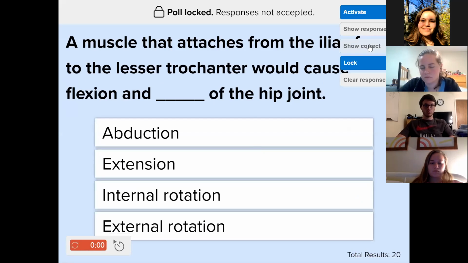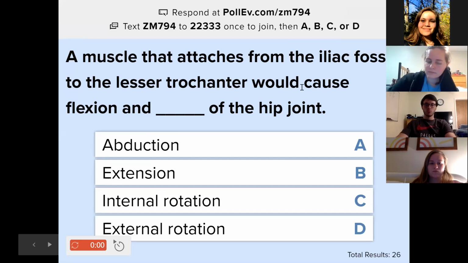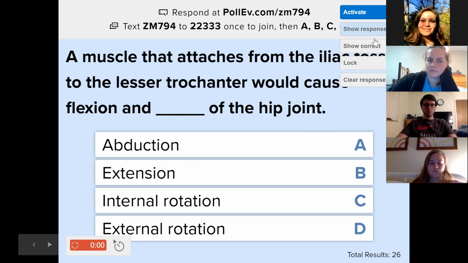I'm going to open up a little longer since I didn't get everyone. And this is one of those questions that really gets our brain thinking on how do these muscles attach between these different bone parts. Okay, one more person. I'm going to give you 2 seconds.